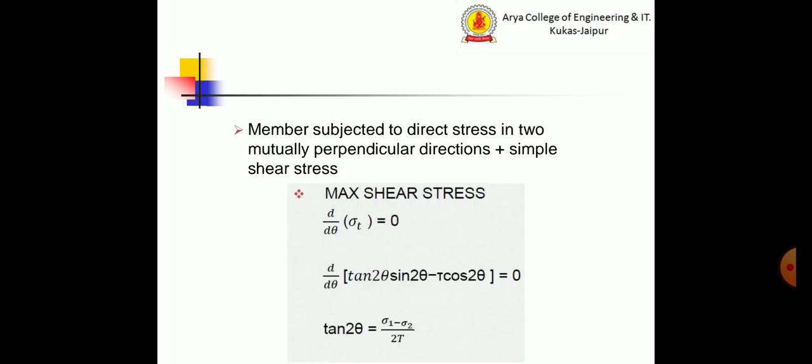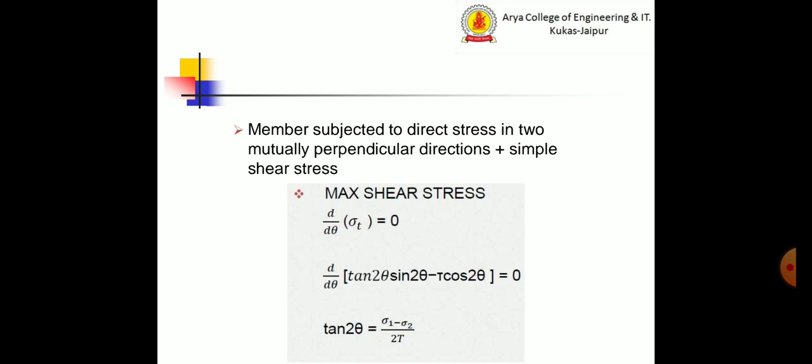Member subjected to direct stress in two mutually perpendicular directions plus simple shear stress. Same case, maximum shear stress will be where the differentiation of the shear stress will be 0. So we differentiate sigma t with respect to theta and equate it to 0.